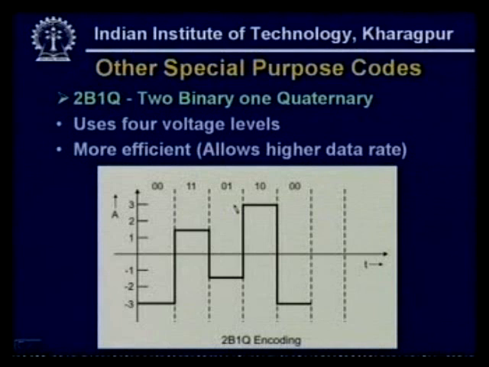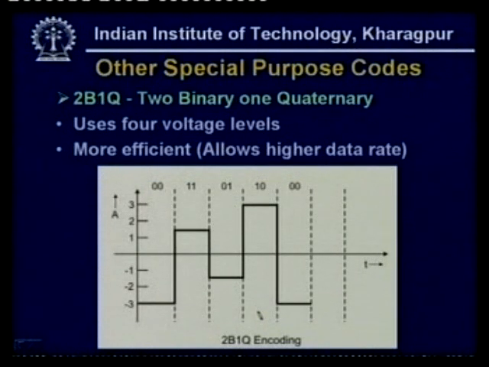Of course, there are other special purpose codes used in digital transmission. One is known as 2B1Q, 2 binary 1 quaternary. Compared to polar or bipolar, it uses 4 voltage levels, in contrast to the 2 voltage levels commonly used in polar.